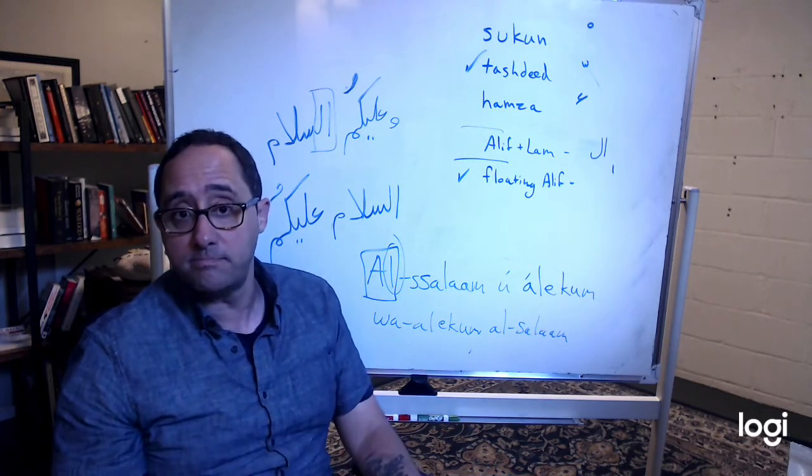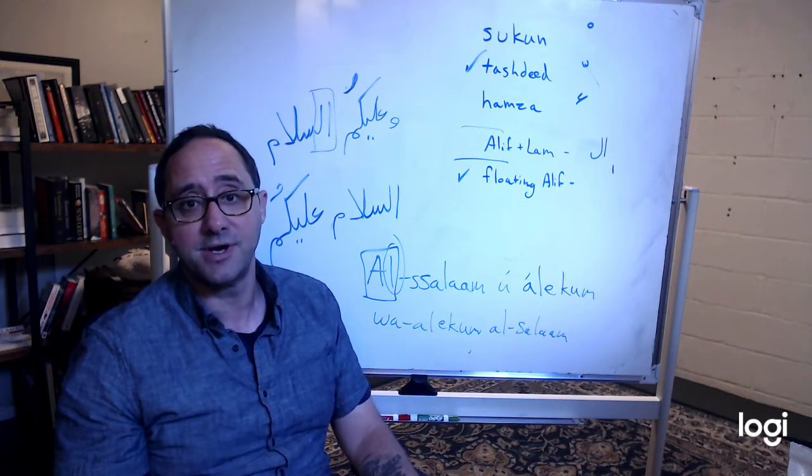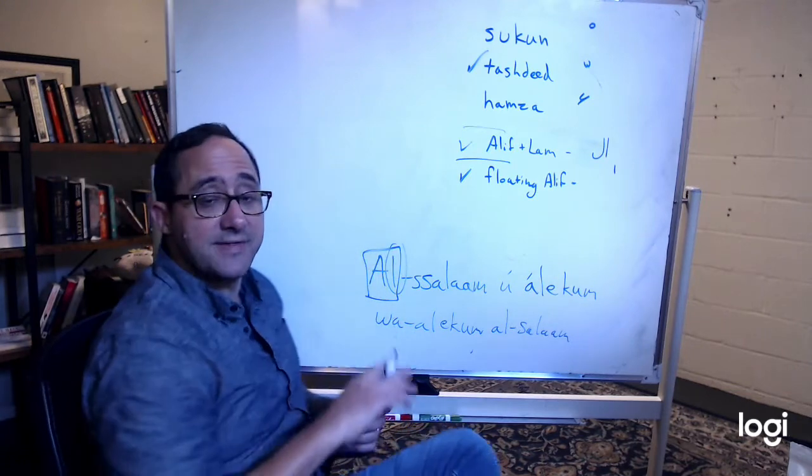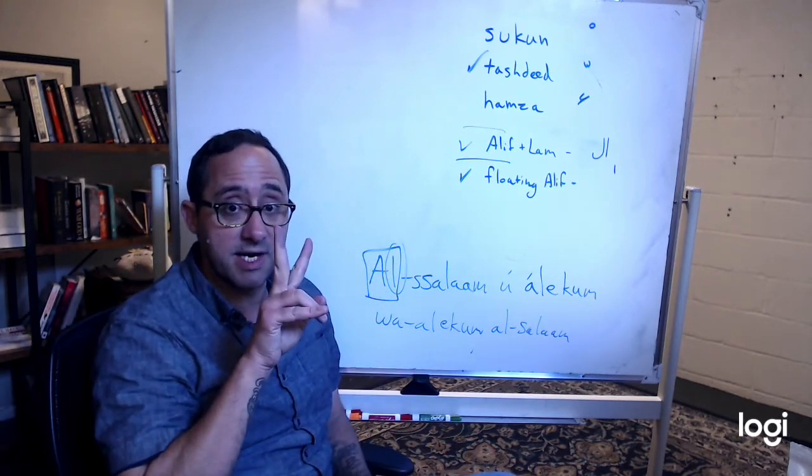All right, I'm going to cover sukoon. Sukoon shows that there is no vowel between two consonants.